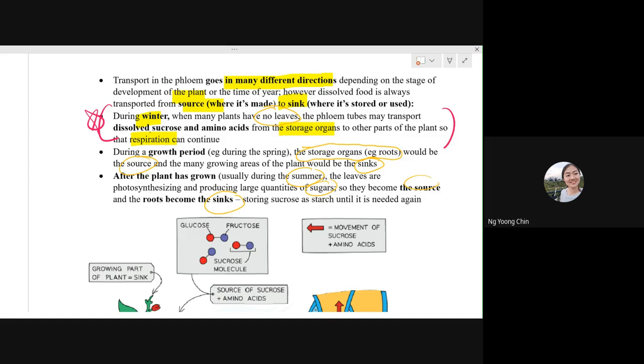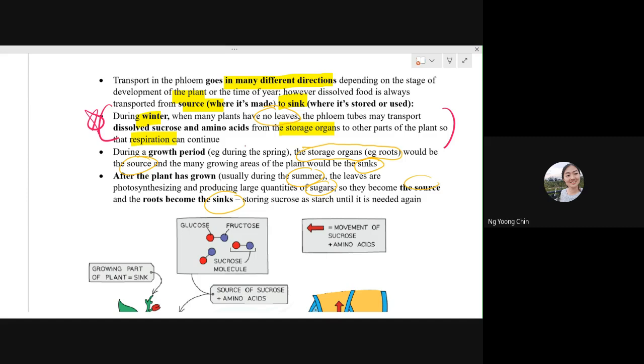So you should know that during the winter time, the sink, which is in the roots or the storage organ, now becomes the source. They provide the nutrients to the other growing parts of the plant to allow the plant to continue to survive. Even though they don't have photosynthesis, they will still survive, right?